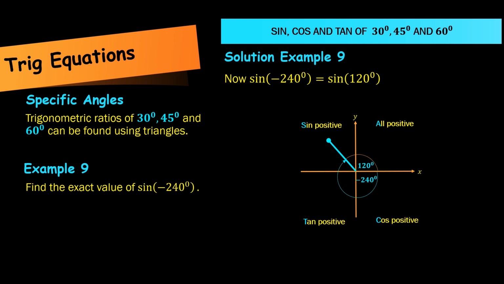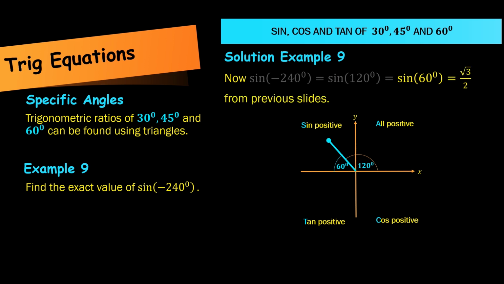So sine minus 240 degrees is equal to sine 120 degrees. Since the acute angle of sine is positive in the second quadrant, we have that sine 120 degrees is equal to sine 60 degrees.